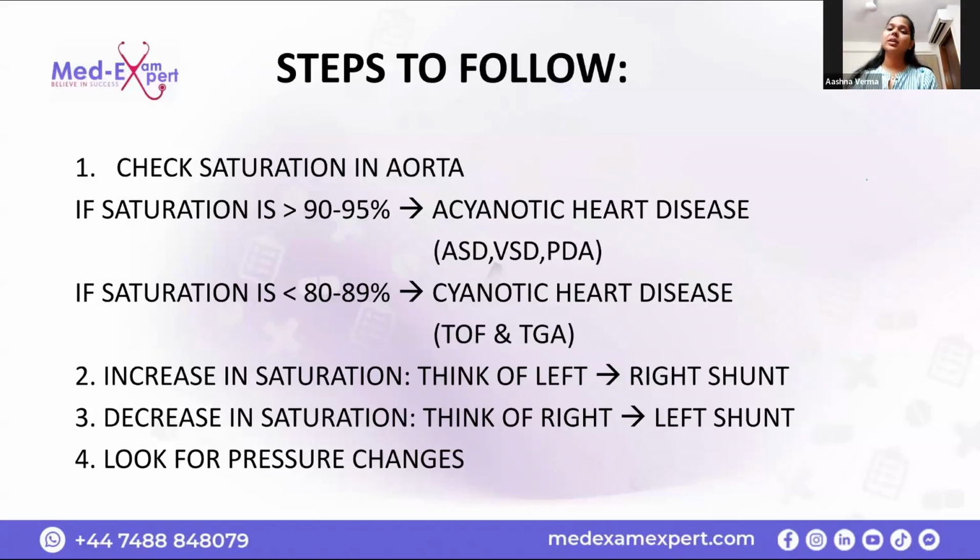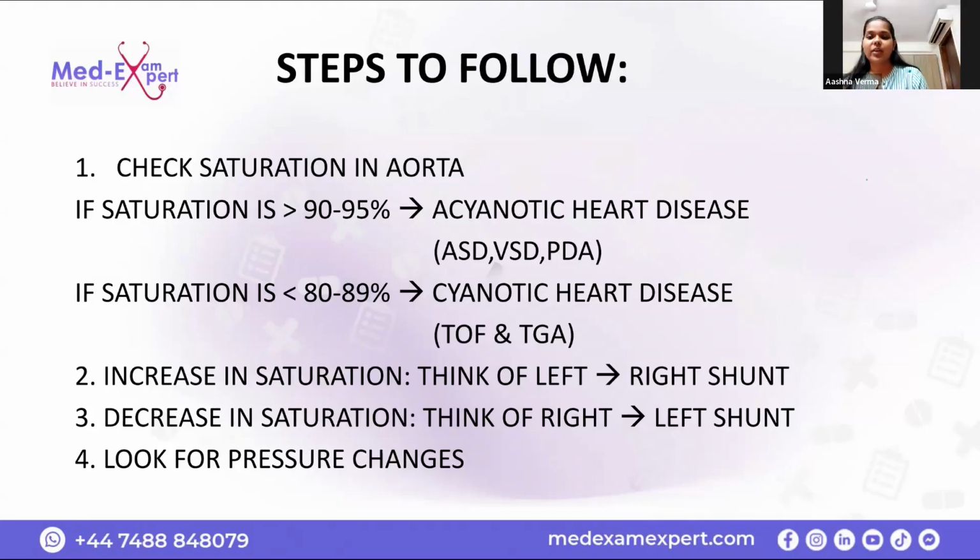Then talking about decrease in the saturation. So if there is abnormal decrease in the saturation, suppose the left ventricle, which normally has a saturation of 98 to 100%. So if there is decrease in the saturation, let's say if the aorta has saturation of 70%, then you need to think about right to left shunt.